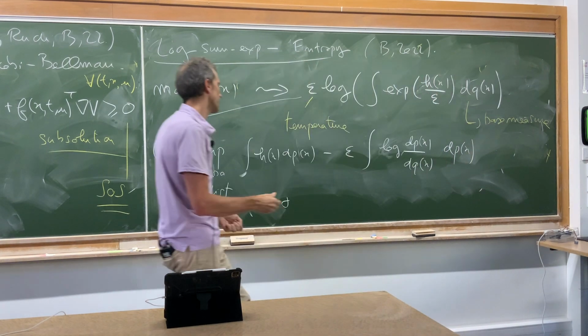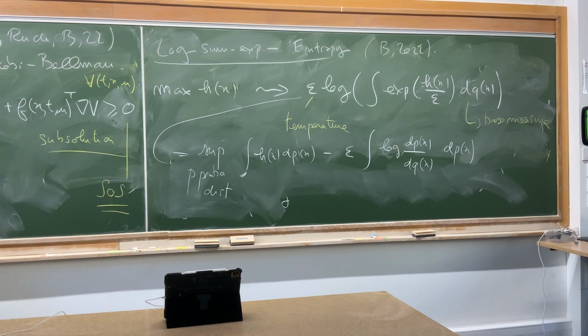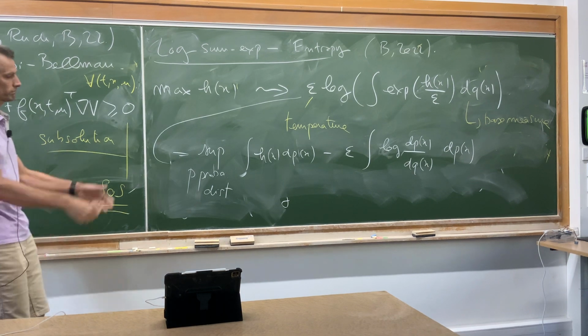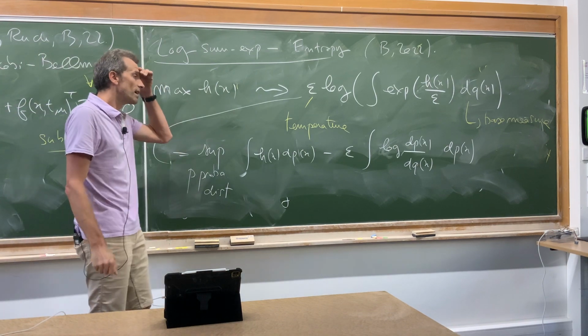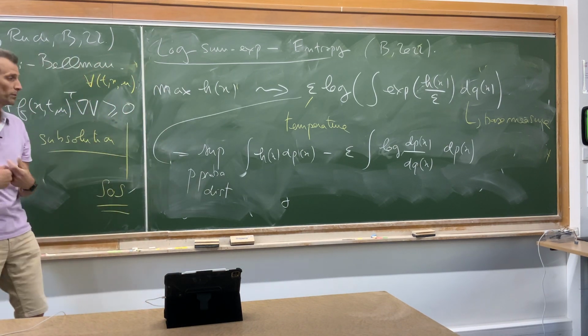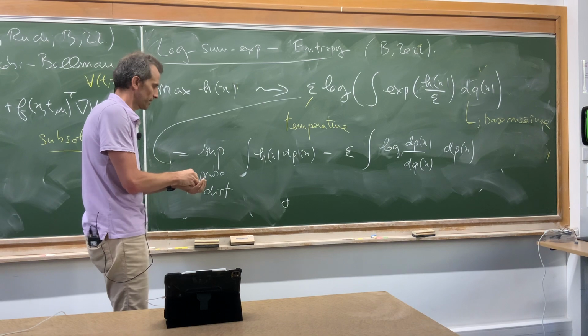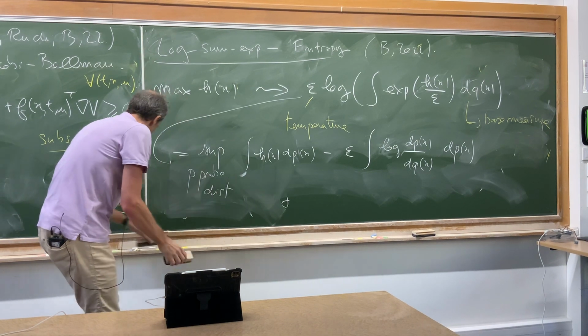So this is a classical result from convex duality. This is actually convex duality between maximum likelihood and max entropy from my point of view. But this is essentially classical.